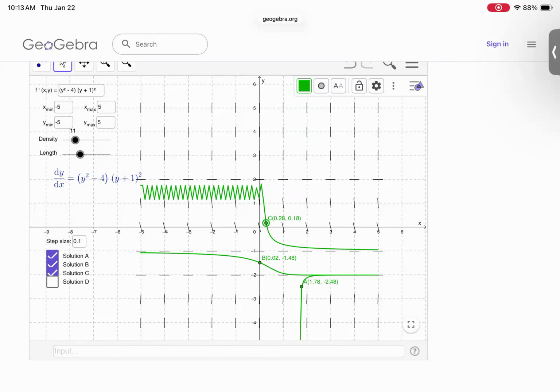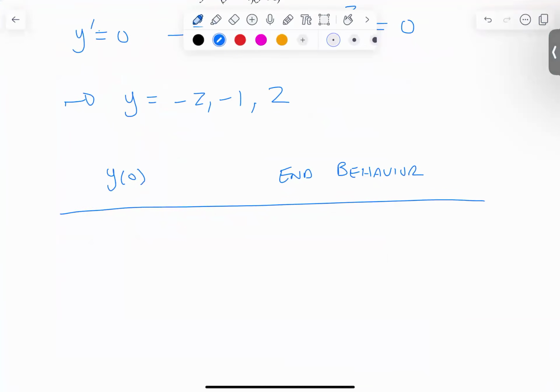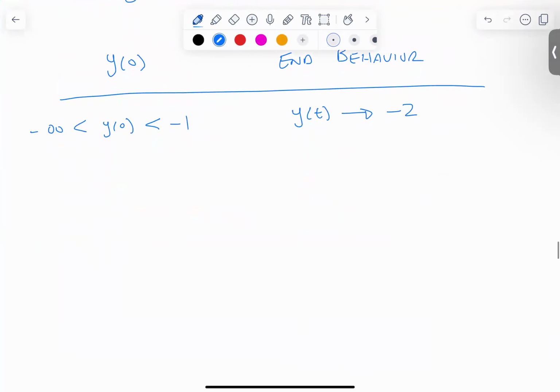So, starting with our end behavior, -2, all the way up to what heads towards what value? All the way up to -1, heads towards -2. Okay, so we at least got that end behavior. Let's do some pieces this time, since -infinity less than 0 up to -1.